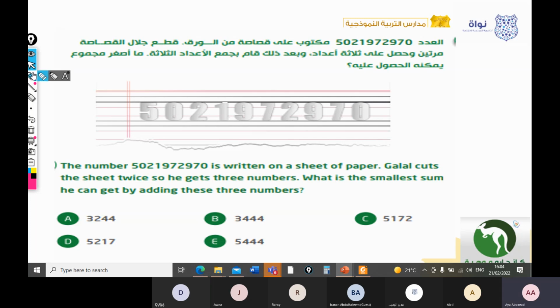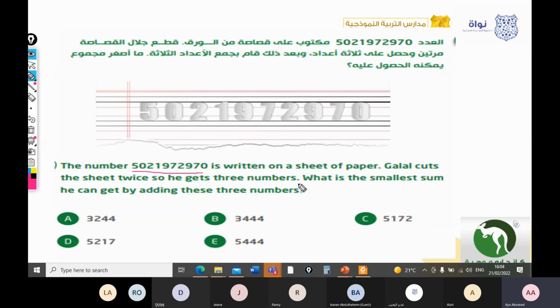I will read the question for you. Hello, Donna. Now we are on this question. We have this number written on a sheet of paper. Galal cut the sheet twice, so you can only cut 2 times. So he gets three numbers. What is the smallest summation he can get by adding these three numbers?